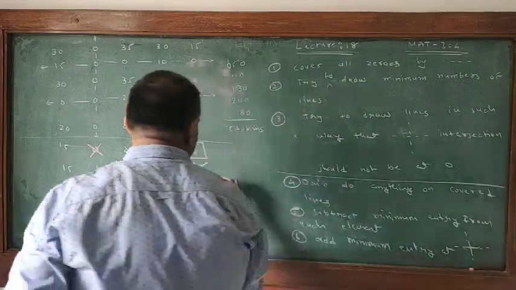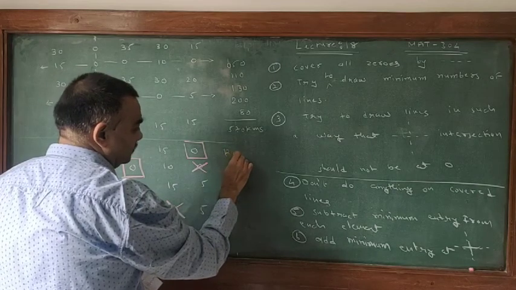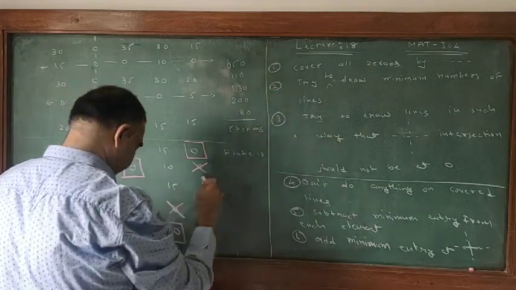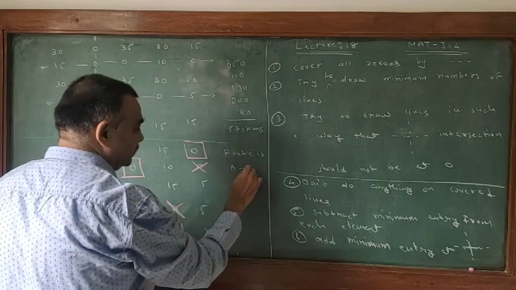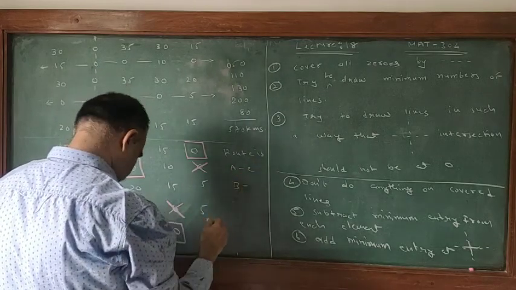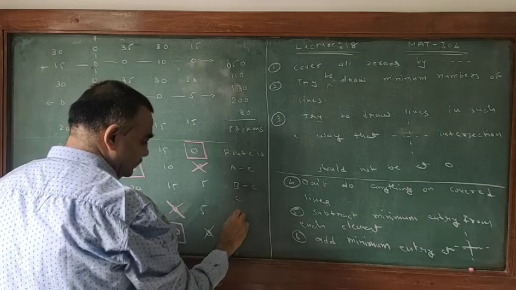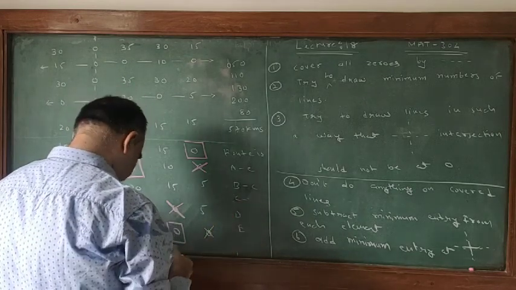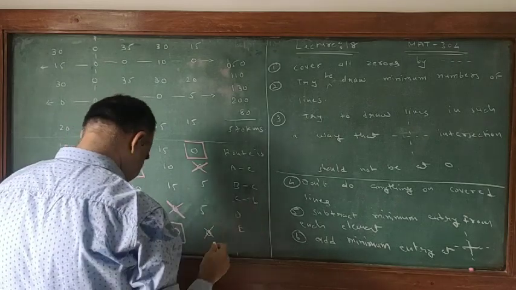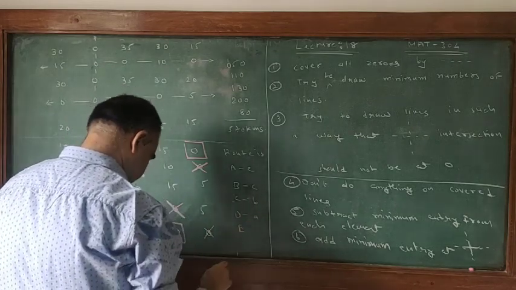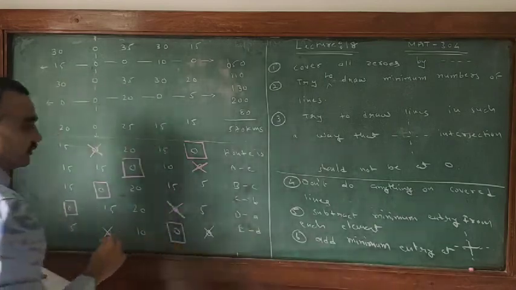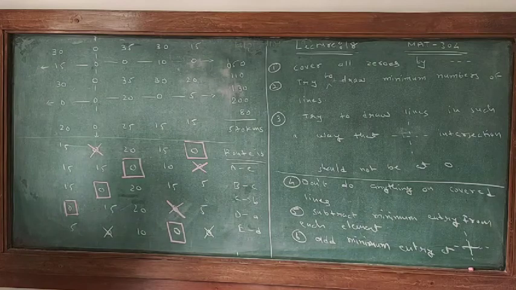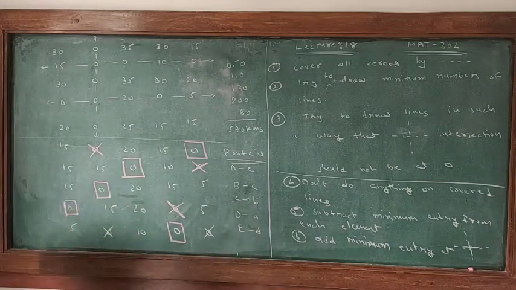And the route is A to E, B to C, C to B, B to A and E to D. This is the route. And this is your answer.